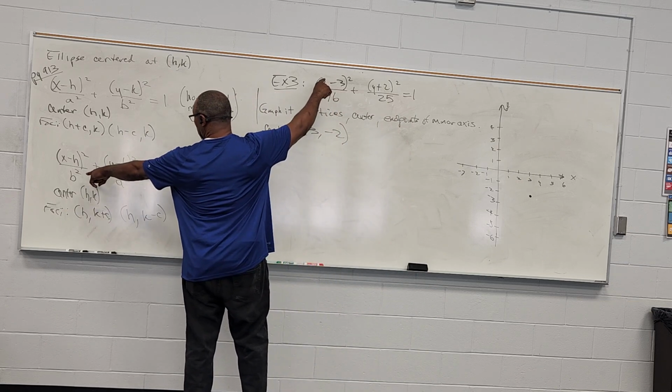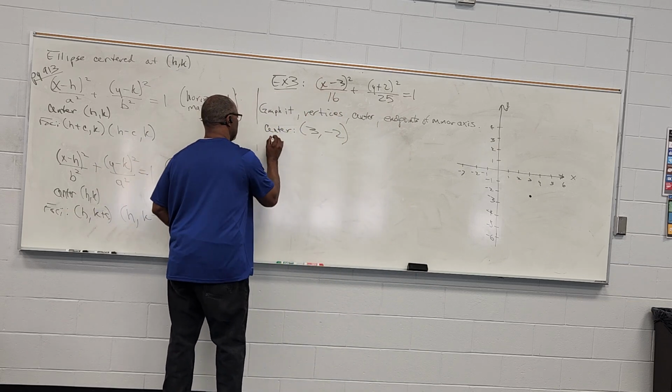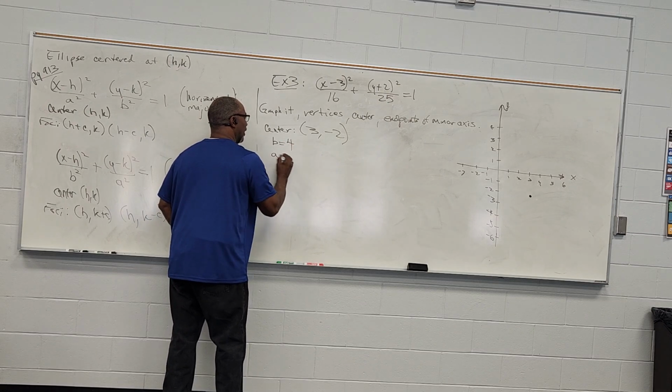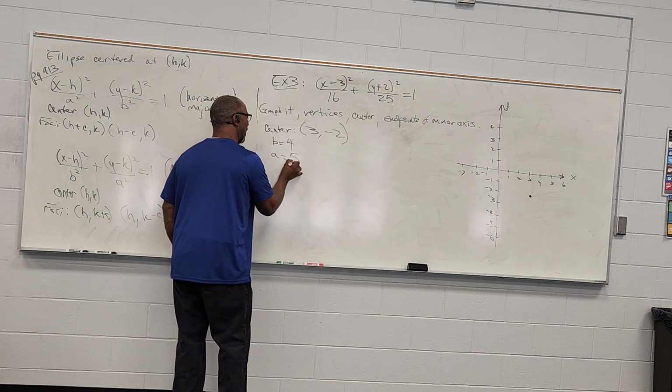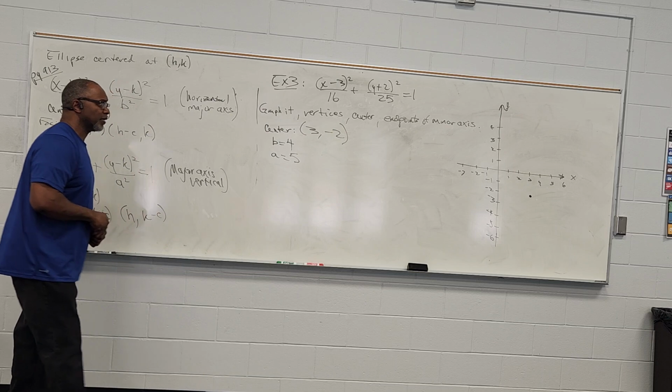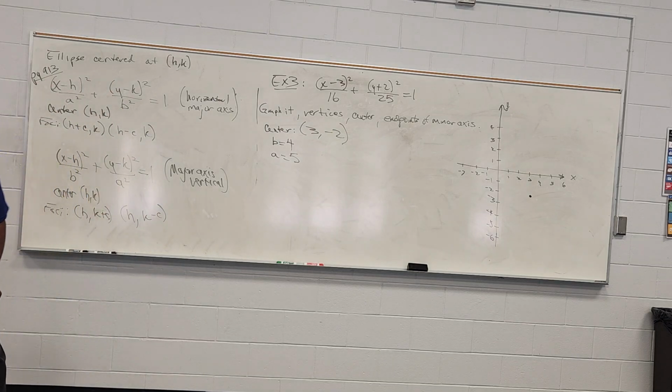Again, it looks like that. So b must be 4. b is 4. a is the square root of 25, so a must be 5.